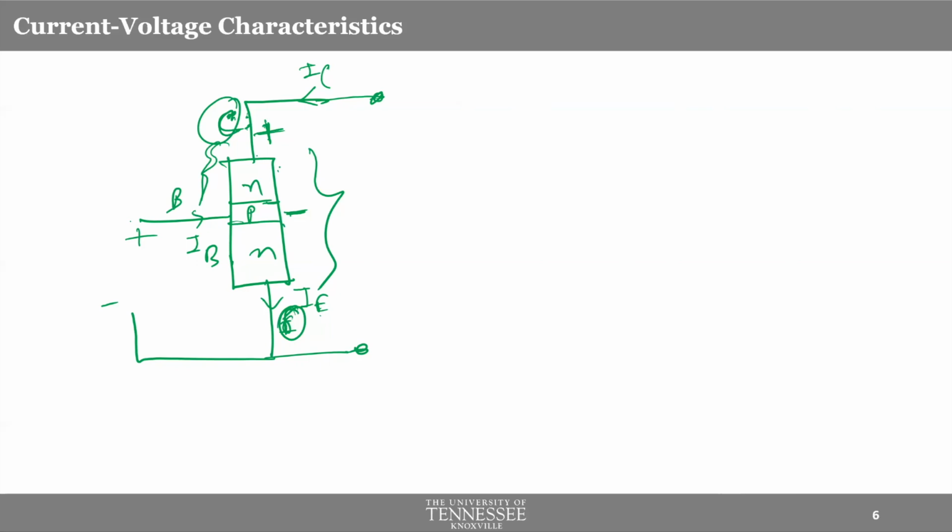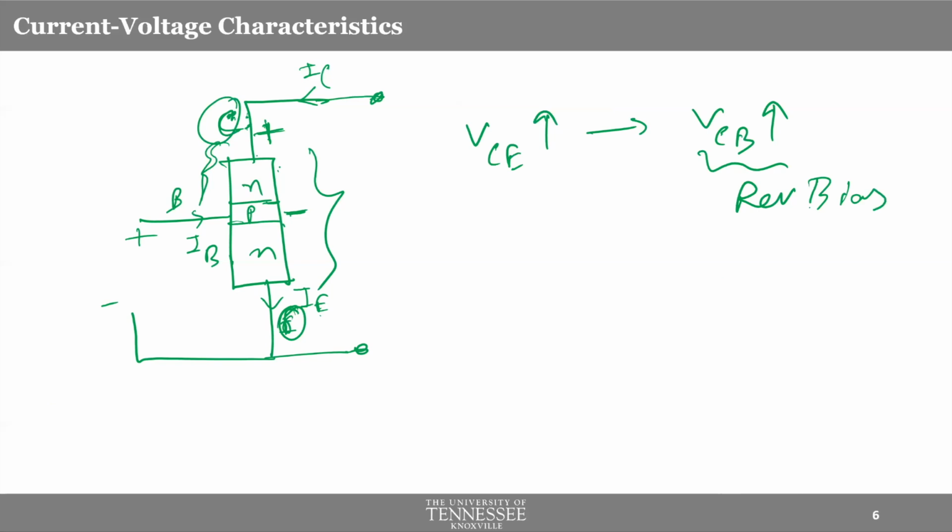So increasing VCE will lead to an increase in VCB, and imagine what happens when you increase the reverse bias further. Any idea what happens?